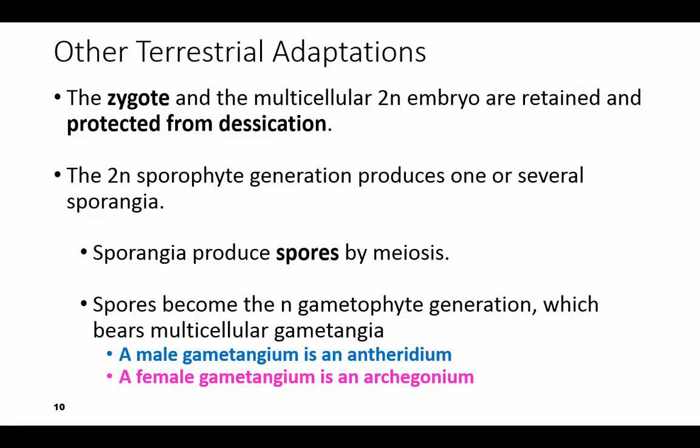And so the sporophyte generation produces several sporangia, and the sporangia make the spores by meiosis. And the spores become that haploid gametophyte. And they will have these gametangia, and the male gametangium is called the antheridium, and the female is called the archegonium.